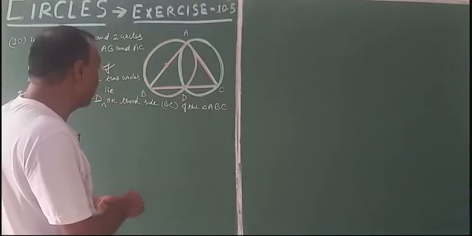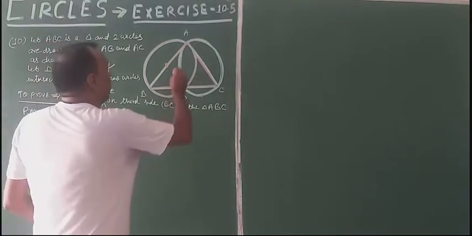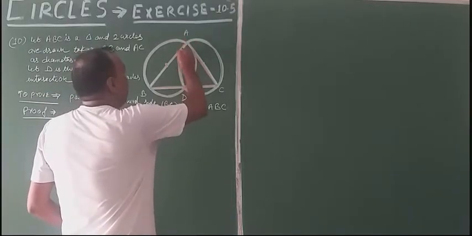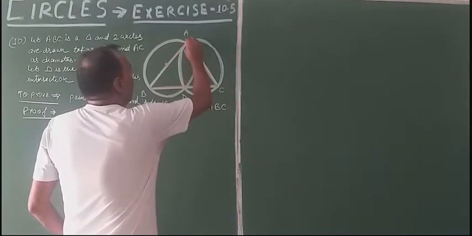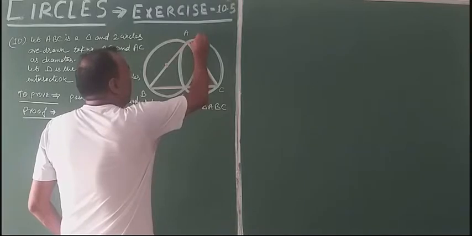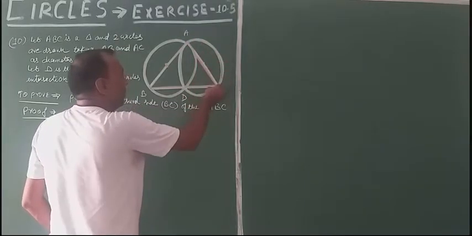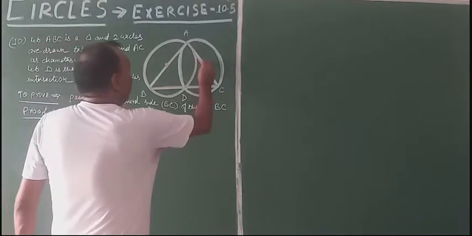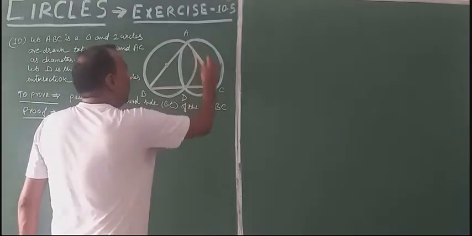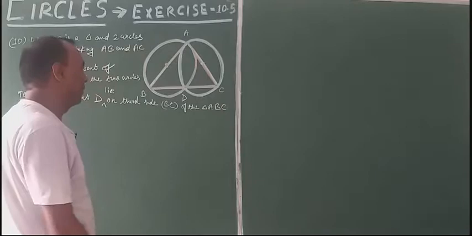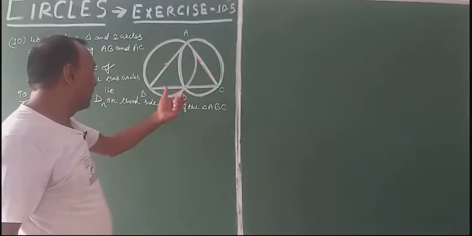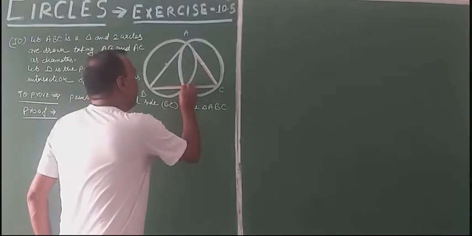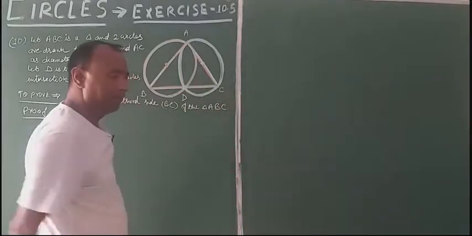And this circle is the circle drawn taking AC as a diameter, and let these circles intersect at point D.